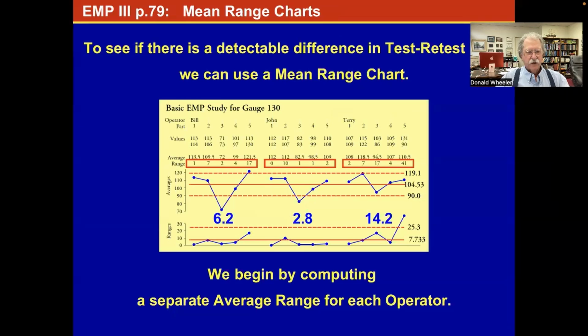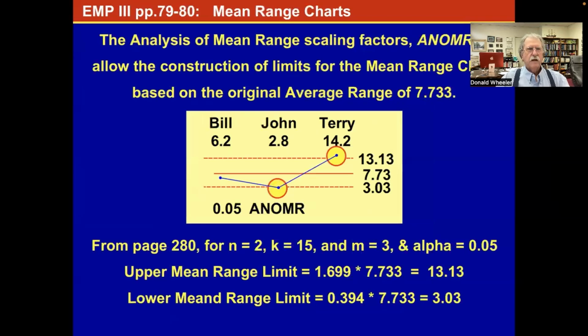The mean range chart computes an average range for each operator: Bill 6.2, John 2.8, Terry 14.2. The analysis of mean range scaling factors, ANOM-R 0.05, allows the construction of limits for the mean range chart based on an original average range of 7.733.